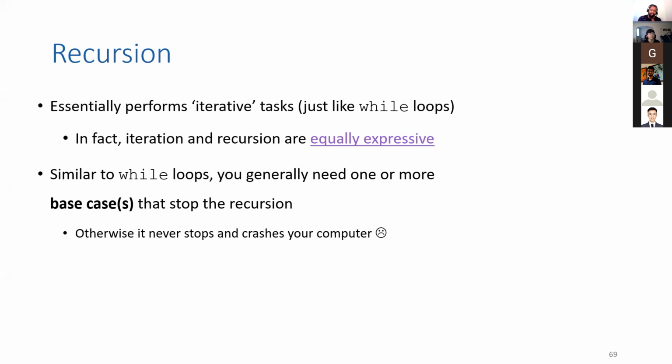And just like while loops, you generally need one or more base cases that will stop the recursion. Otherwise, it'll just continue to go and take up more memory and crash your computer. That's something to be aware of when you implement DFS as well: you also need base cases to stop the recursion.